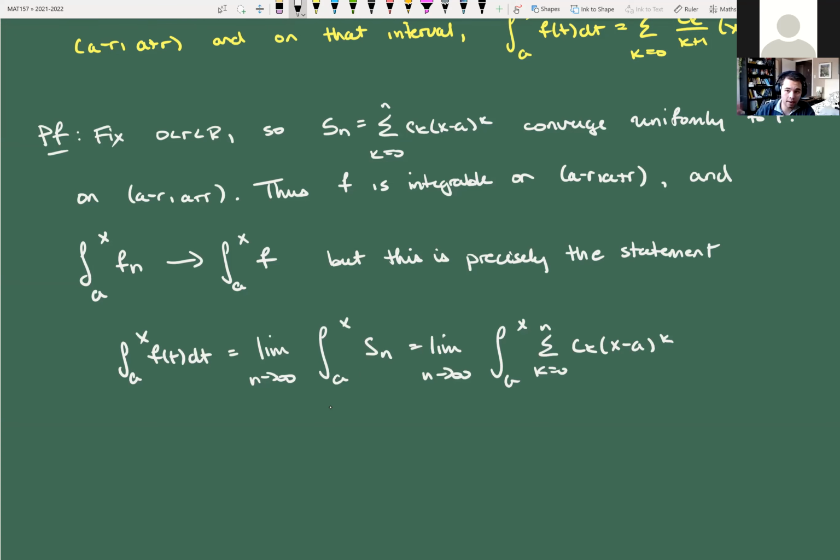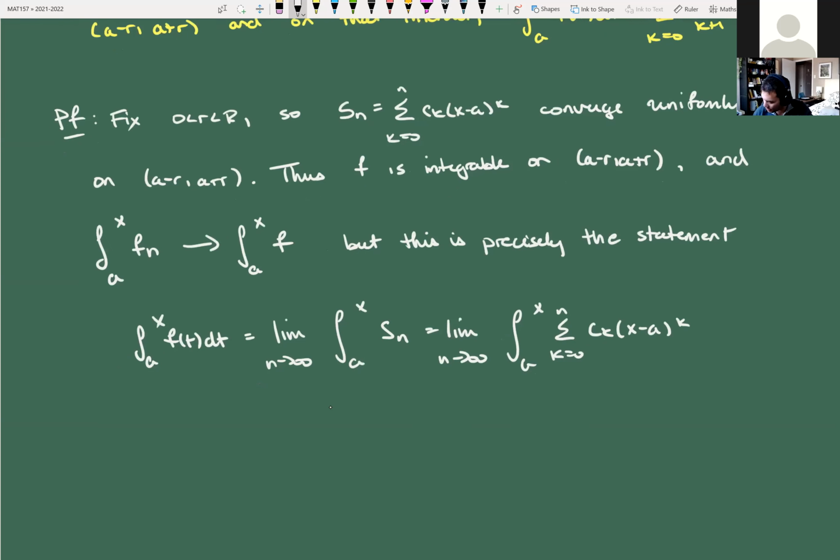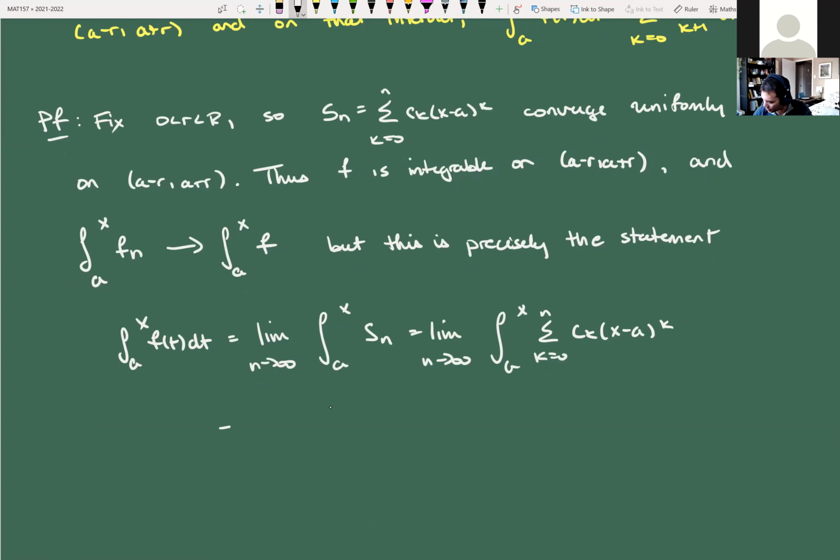Normally you can't pass a limit inside of an integral sign, okay? That's a tricky thing and you can't do it. But that's fine, we don't actually need to do that because this is a finite sum, right? And we know that the integral is additive. So because this is a finite sum, I can actually take the sum outside, and that's going to be enough.